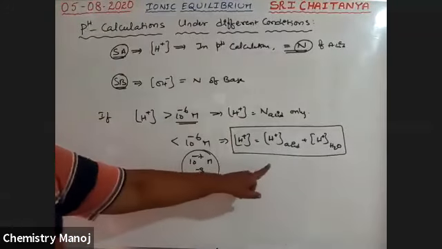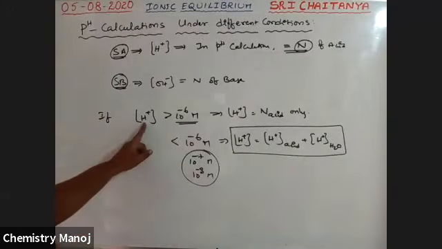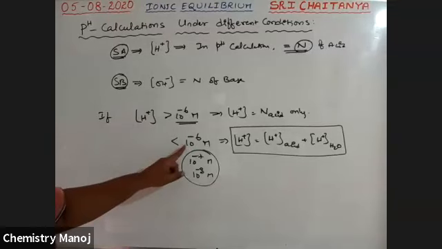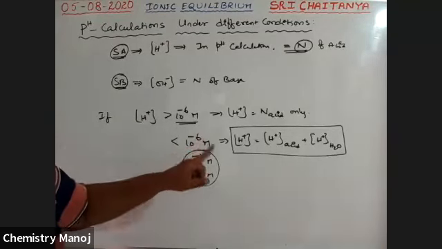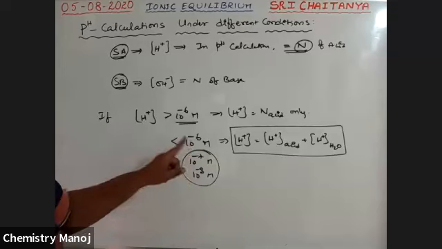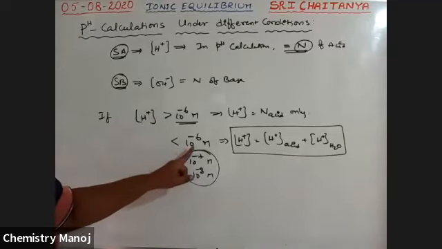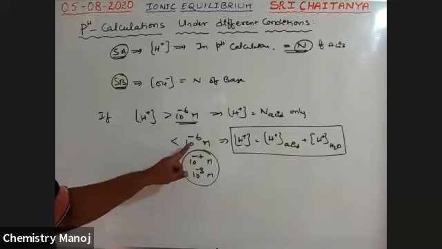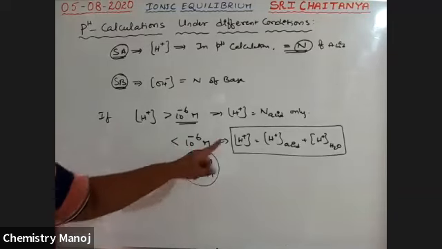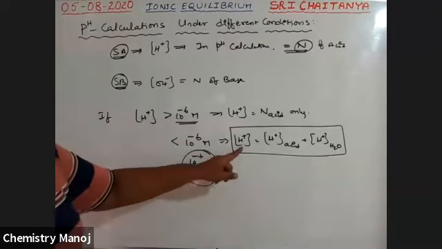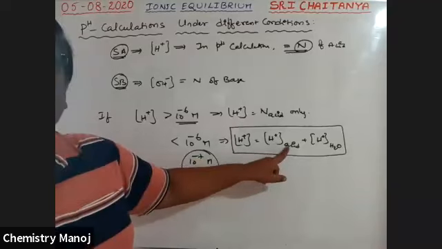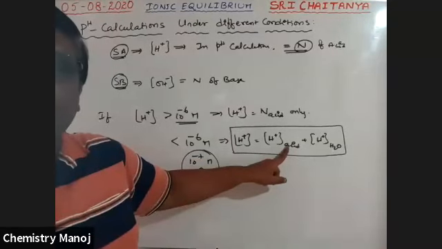This is very, very important, boys. If H plus concentration is given less than 10 power minus 7, then automatically H plus concentration is equal to the H plus ion concentration from acid.